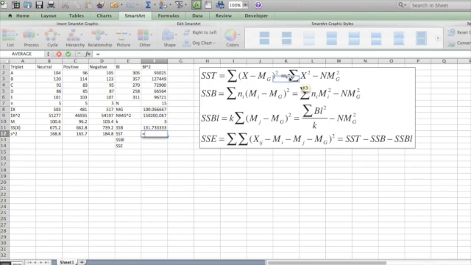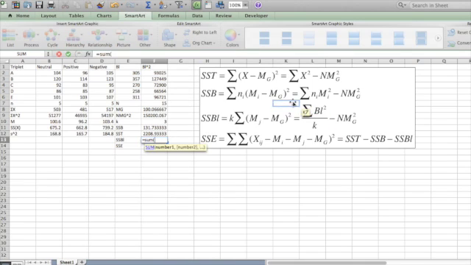Sum of squares total: I'm going to sum all of the squared sums, and then I'm going to subtract nmg squared. Sum of squares blocks: I'm going to take the sum of all the block squares, divide by k, and then subtract nmg squared.